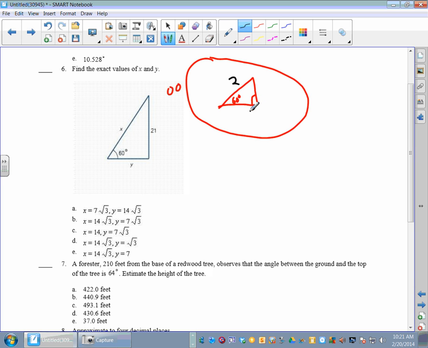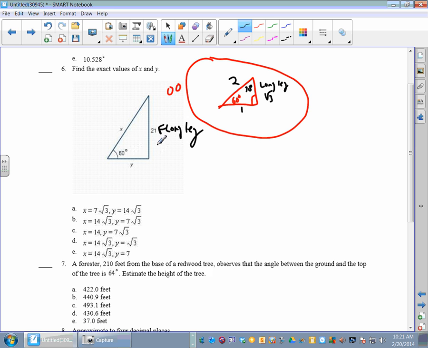What's the long leg? √3, and the short leg opposite of 30 is going to be 1. So is this 21 the long leg or the short leg? Yeah, it's the long leg. It's opposite of 60 degrees.